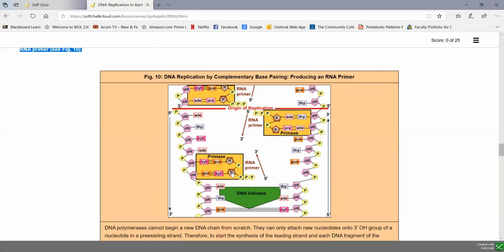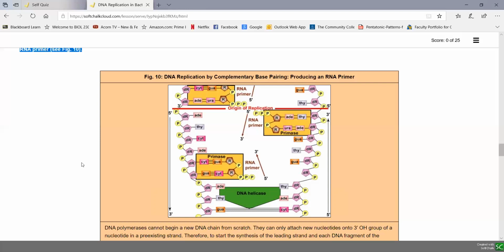Actually, this would be the first one. So cytosine would hydrogen bond with guanine, but again, this doesn't have to attach to anything with RNA primase. And then it would copy this one, guanine cytosine, and may do a short sequence of them. Well, I'm only going to show you 2 in the diagram.